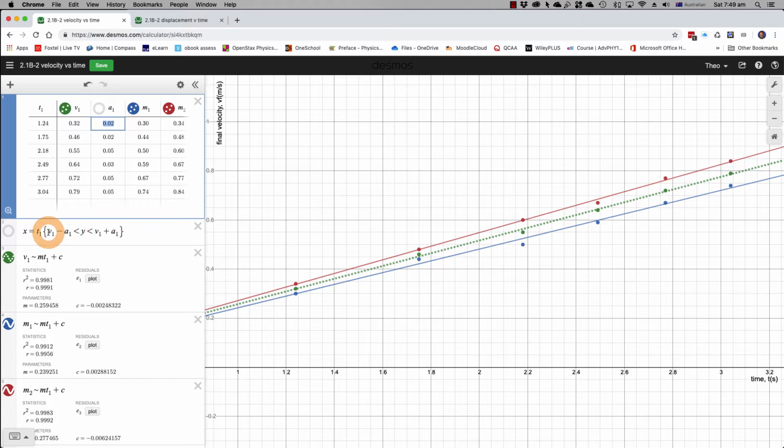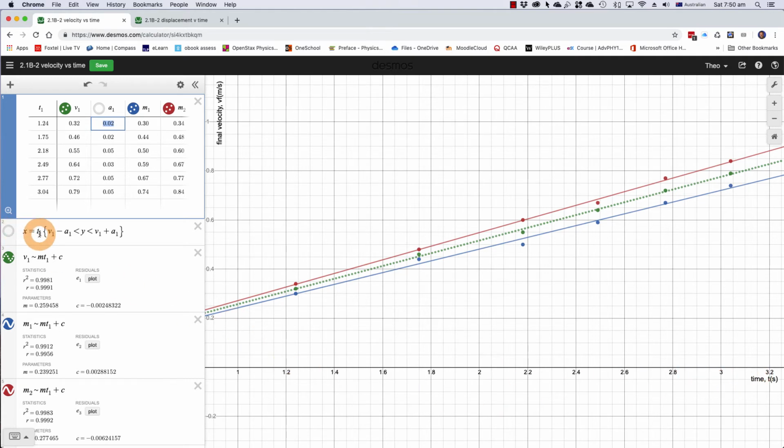And this is my lower limit, and this is my upper limit. So this is saying, well, I'm going to take V1 and I'm going to add 0.02 to it to give me 0.34. So that's how you would write your formula, if you like, in order to get these vertical line bars plotted. After you do it a few times, hopefully you'll get used to it. But what I'm saying is, this is the x values, the domain.